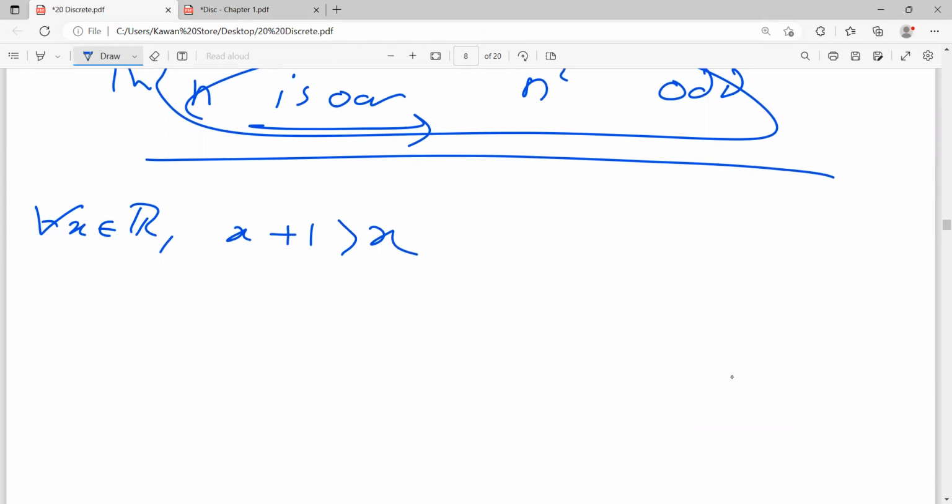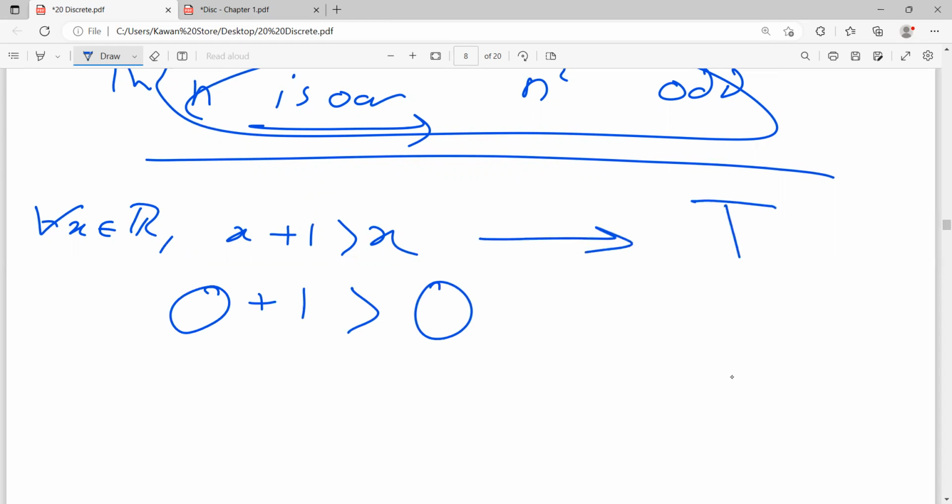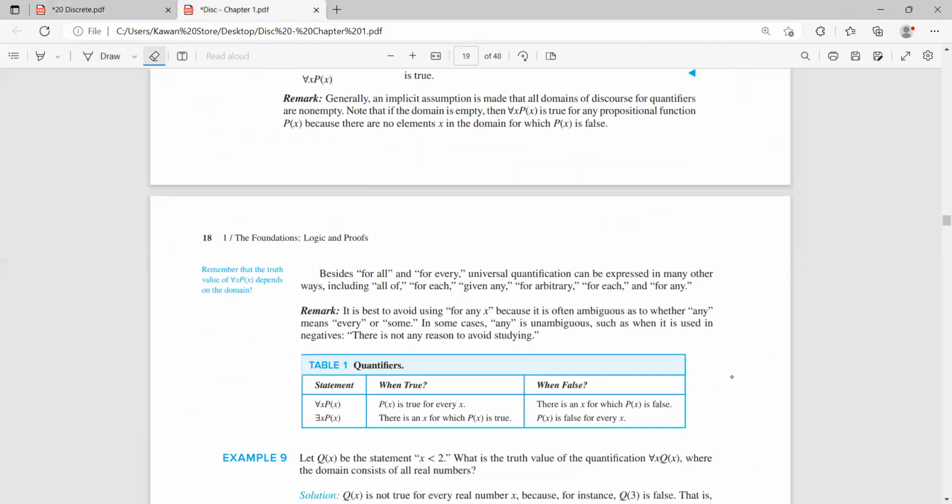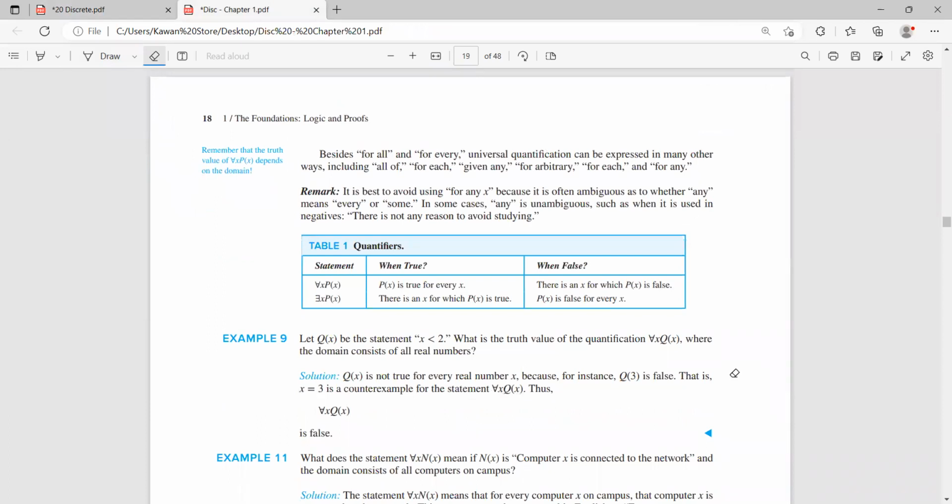No. Huh? x in real numbers should be an existing number: square root of 2, pi, 1 over 2, 0, minus 1. Which number do you like? Every one of these numbers plus 1 is greater than itself. Of course, yes. So this one is true. So it means that the statement is true. Okay? You got it? Good. So that's for all. You can see for all students, for all x. So kindly think about this example.